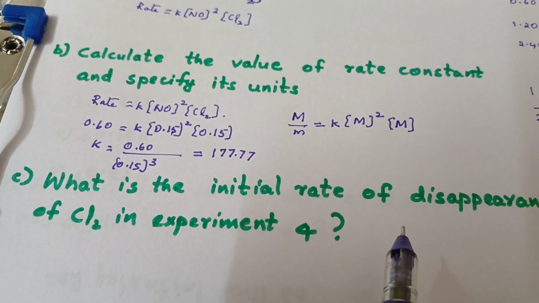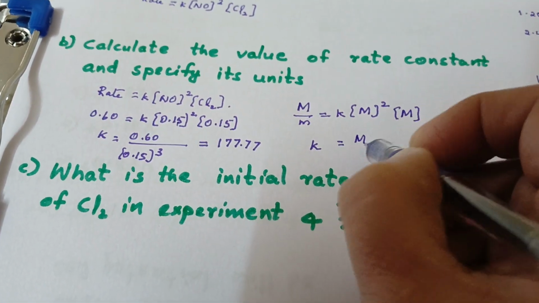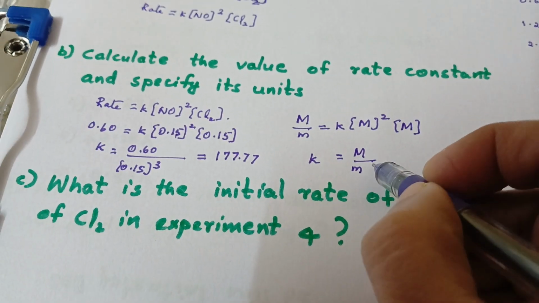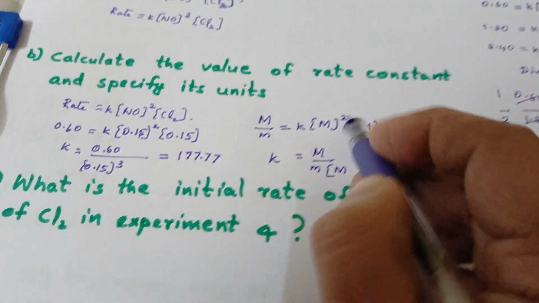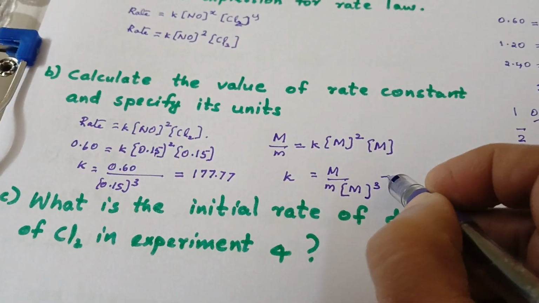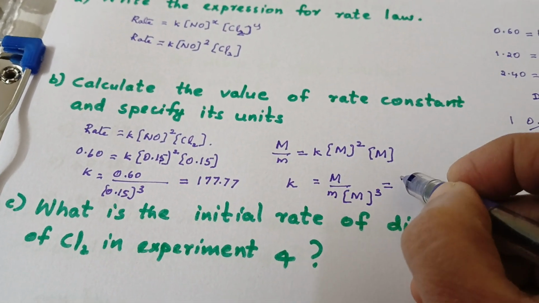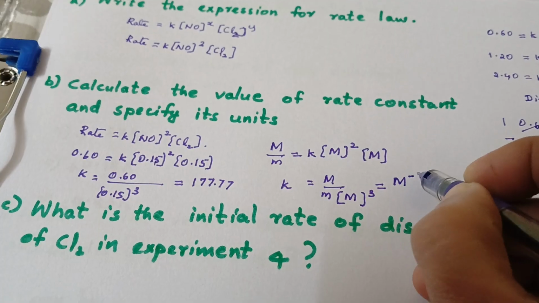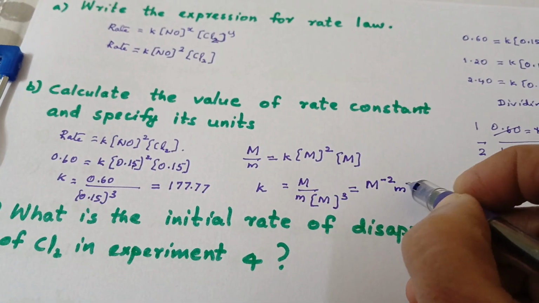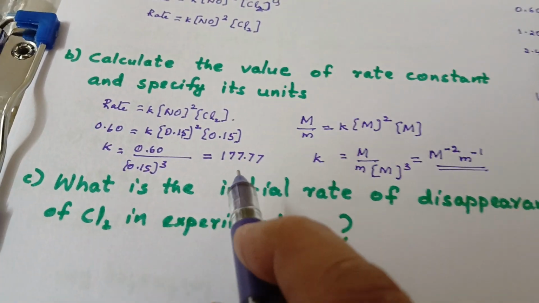So K equals molar per minute divided by molar cube, that is molar raised to 2 into molar. Now we can cancel, and this one goes up and becomes molar raised to minus 2, minute raised to minus 1. So that will be the unit of K.